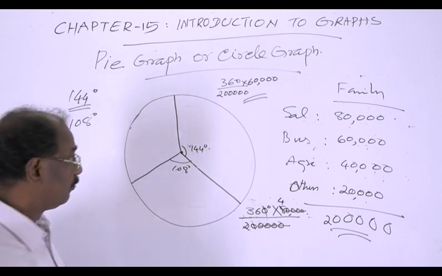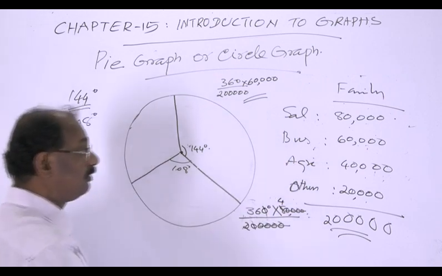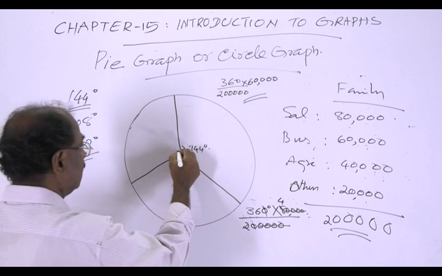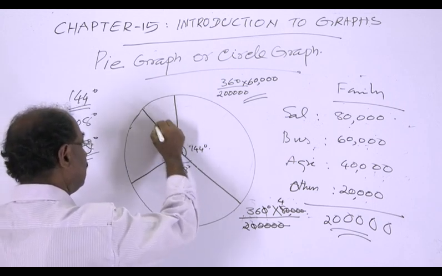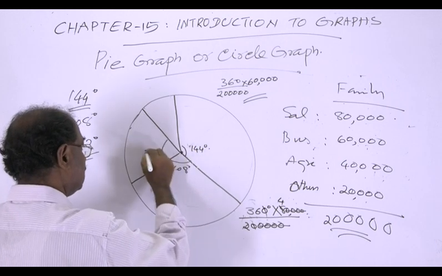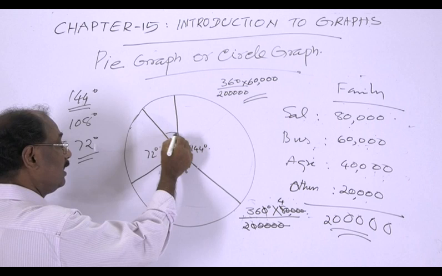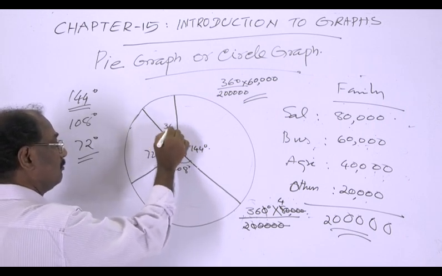Then for 40,000, similarly we get an angle of 72 degrees. So take 72 degrees here. The remaining will be 36 degrees.